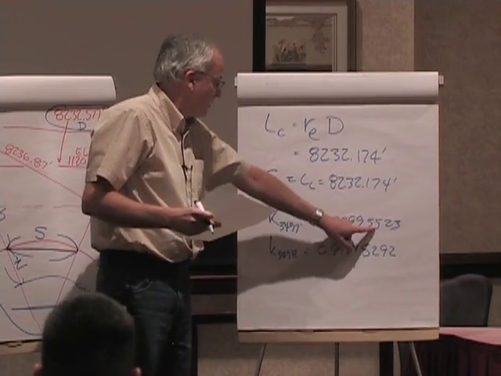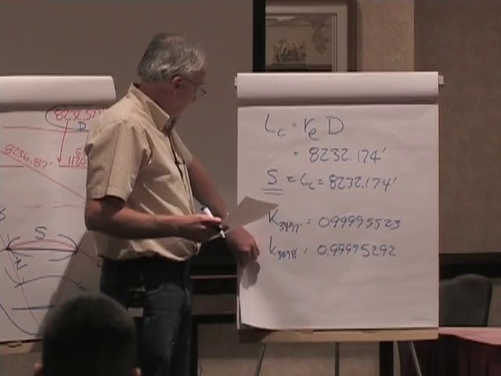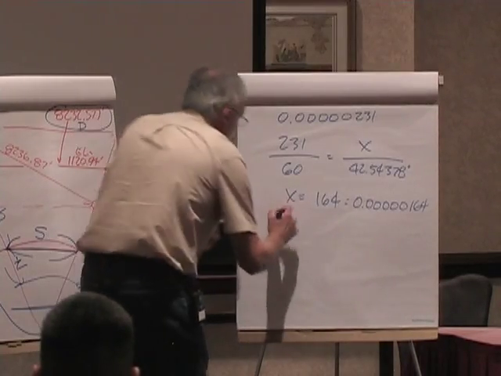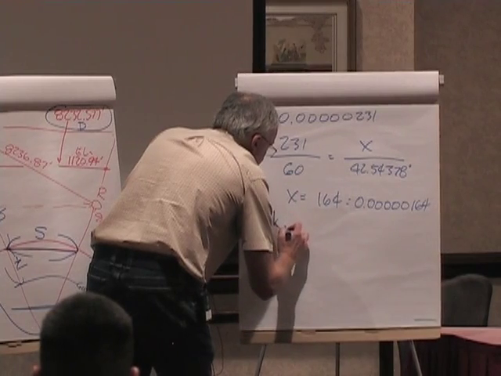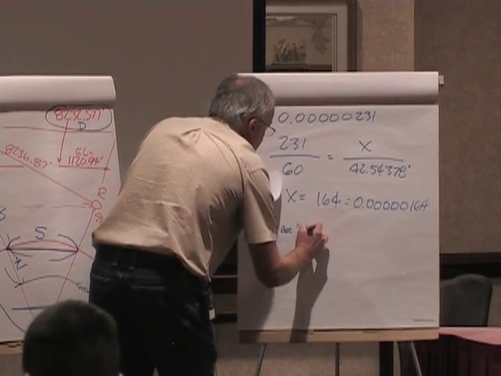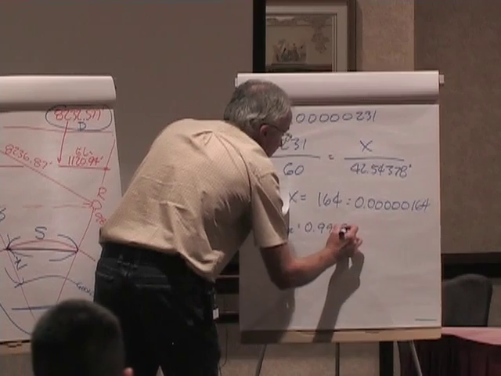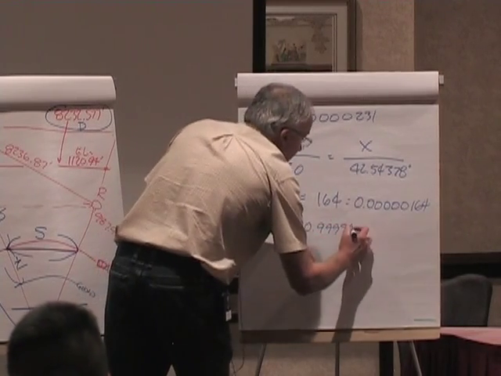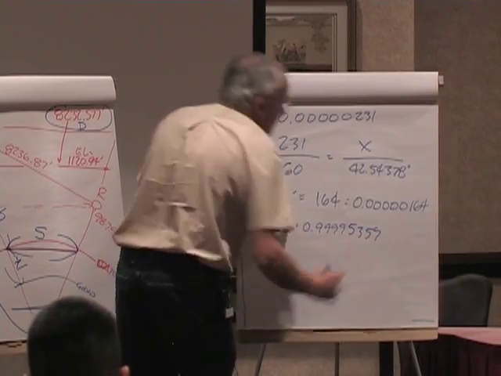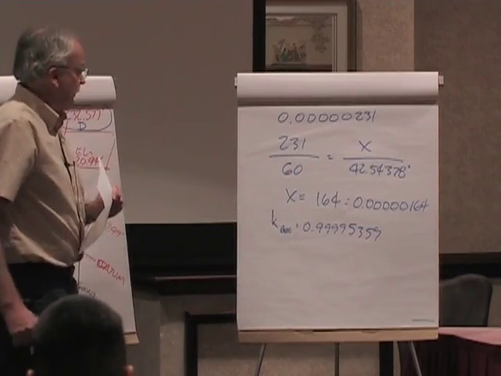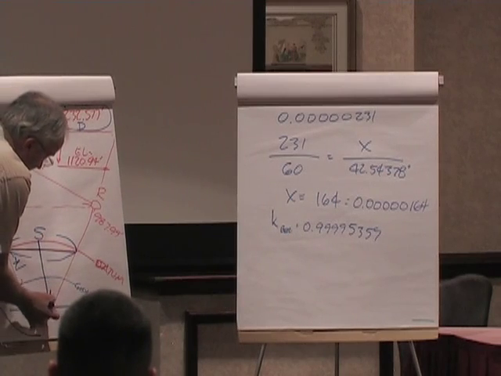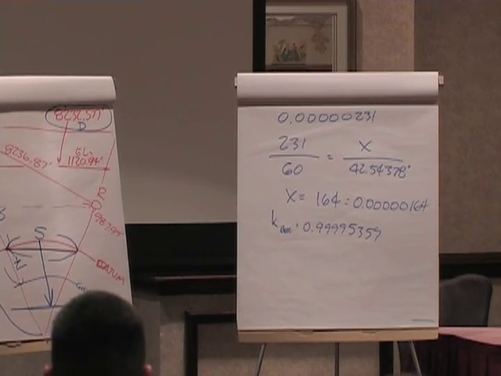Since we did the calculation, got to subtract it from this. And your scale factor then, K for Bernardino, equals 0.99995359. And that will then take us from our geodetic down to our grid distance.